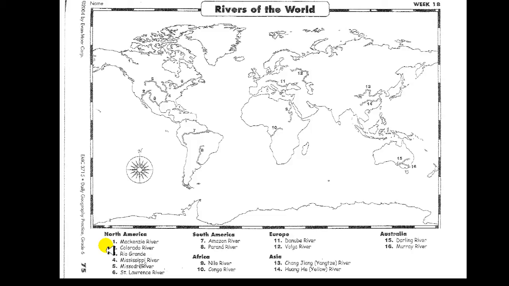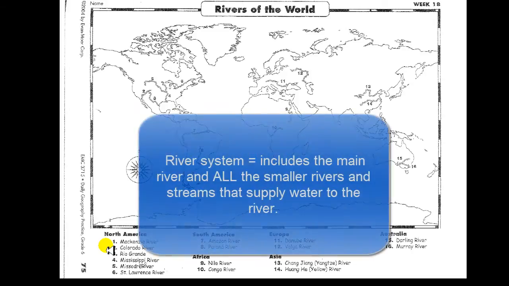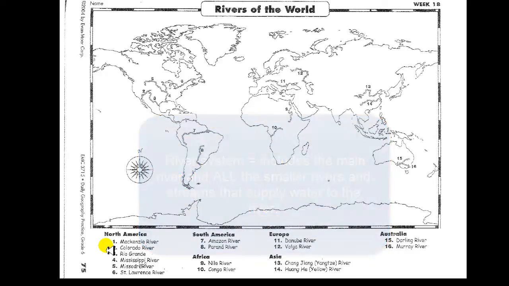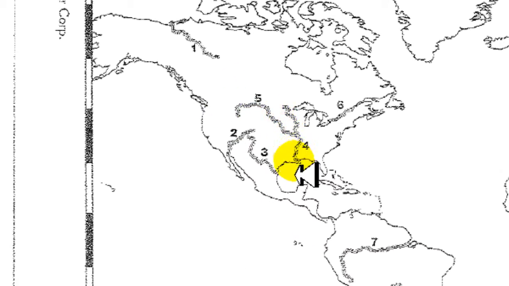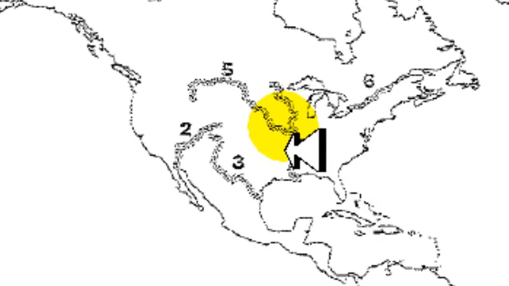We're going to talk about rivers, but we're also going to talk about river systems. River systems include all the rivers and the smaller streams that supply water to that. So if we look at number 5 here and number 4 here, you can see they meet right in that location. So number 5 and 4 become a river system together. That's important to know.